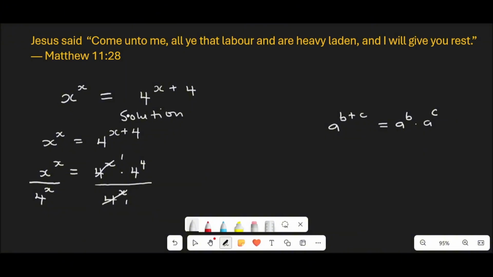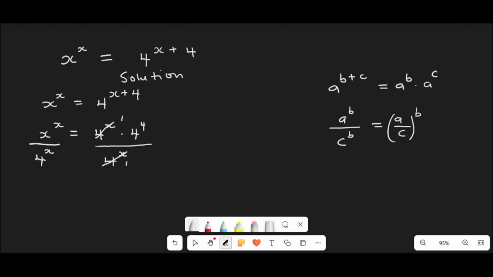I want you to note that if we have a raised to power b over c raised to power b, it is equal to a over c all raised to power b. So let us use the same principle on this left hand side. So we can say x over 4 all raised to power x equal to 4 raised to power 4.